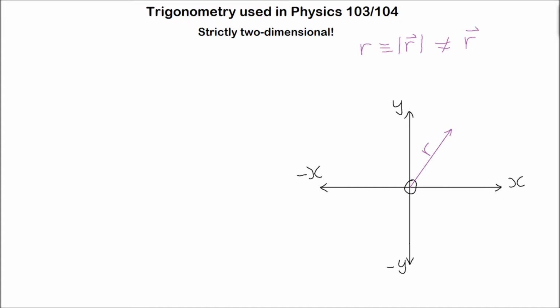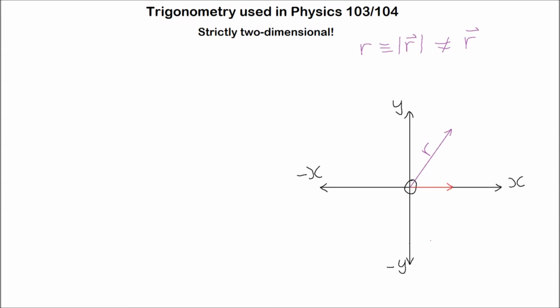When we talk about a full vector, all the properties of the vector, we have to provide the length and the direction, or in two dimensions, we can provide the x and the y components.